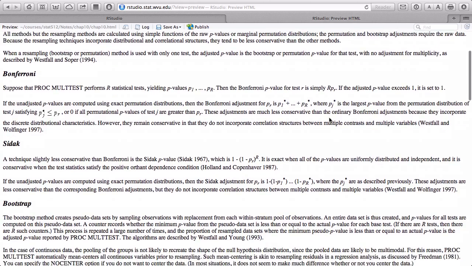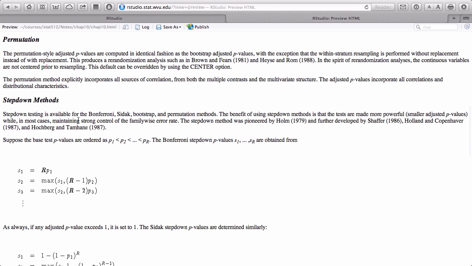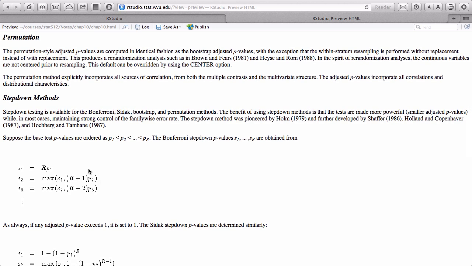But what about these other procedures, such as what we call the step-down procedures? Here's a step-down procedure. This depends upon the following: if I look at the p-values, and I have m of them, and suppose I rank them, so p1 is less than or equal to p2, less than or equal to p3, and so forth, up to p sub m.